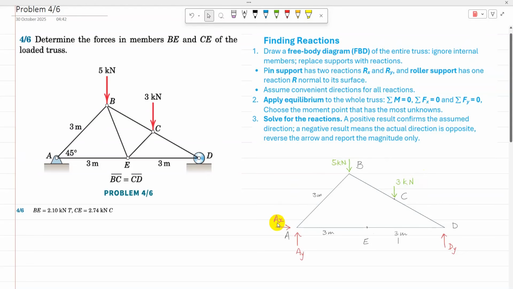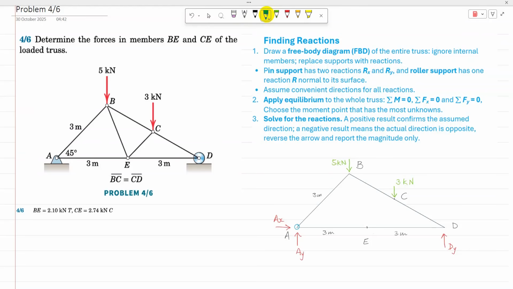The next step is to apply the conditions of equilibrium. We start with sigma M equal to 0, and need to choose the moment point that has the most unknowns. Point A has the most unknowns, so I'll select point A as the point of rotation, the moment point about which I take the moment.